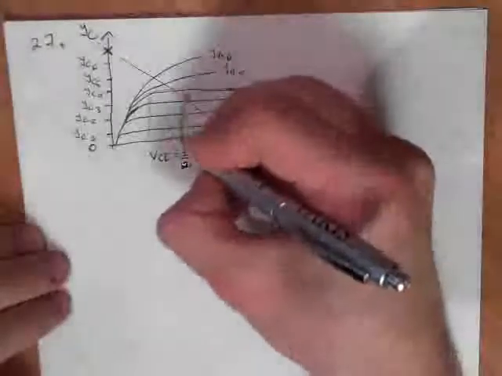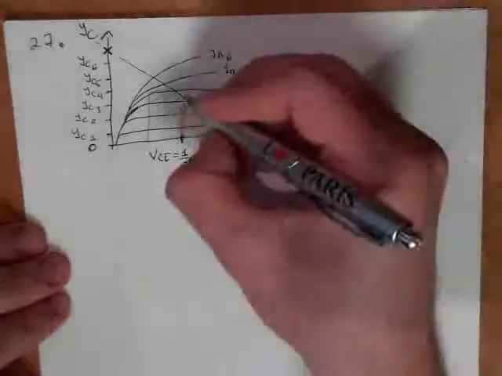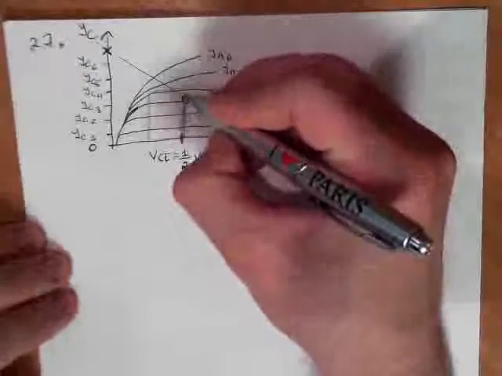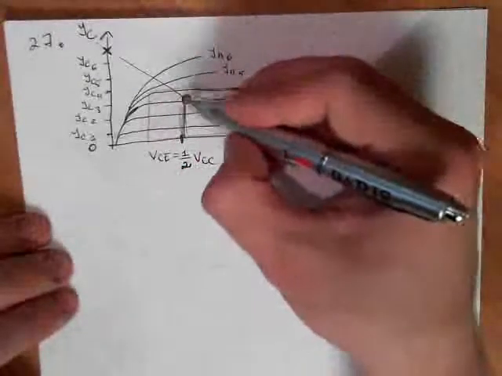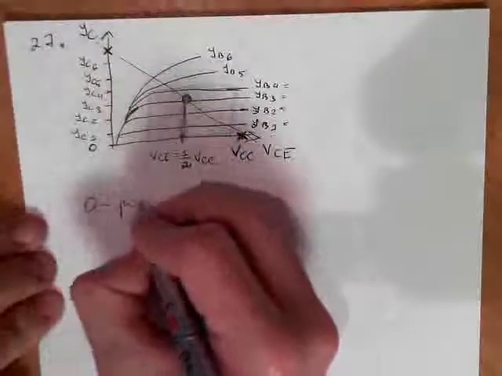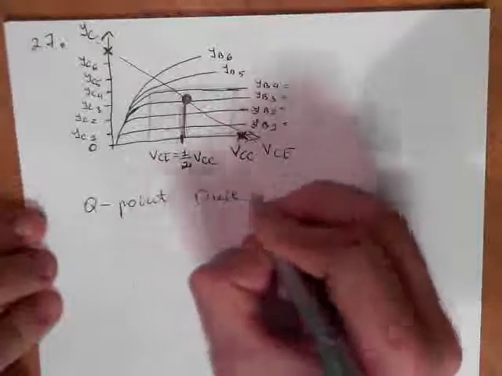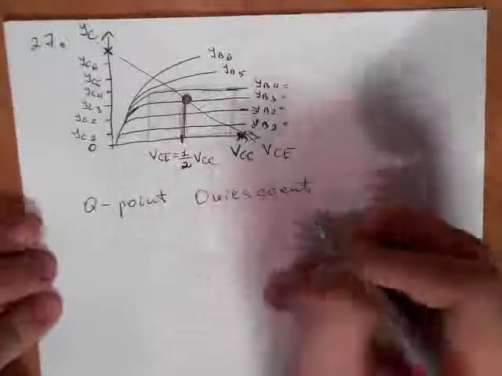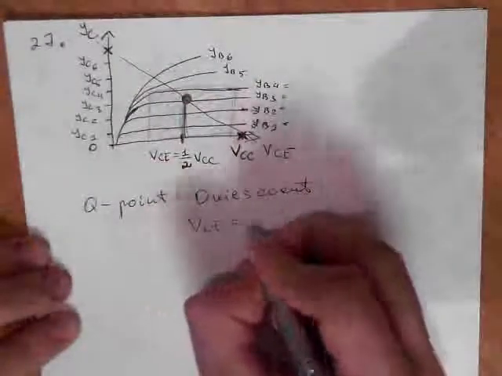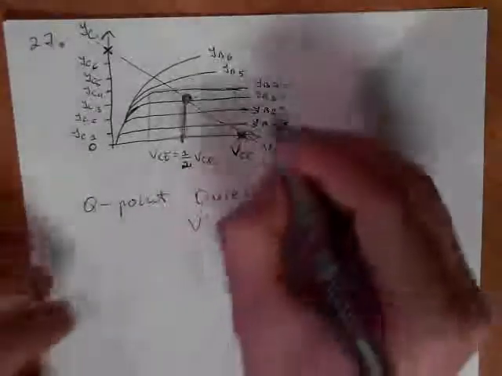According to this, VCE is equal to 1 divided by 2 VCC, we take the point on the straight line, and this point is called the quiescent point in the linear region, the Q point. It is the operation point of the transistor, and we can describe this like VCE is equal to half VCC.